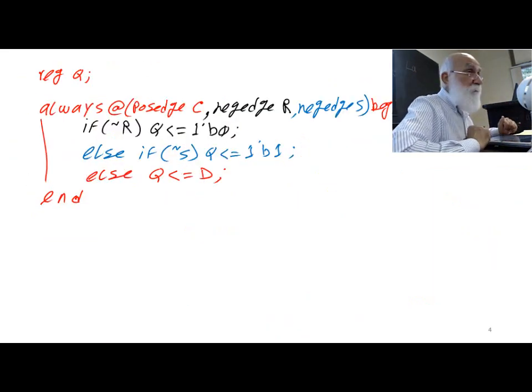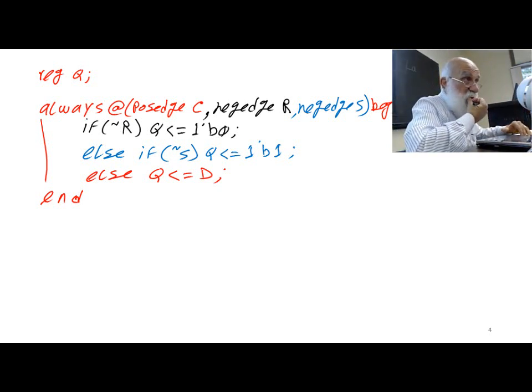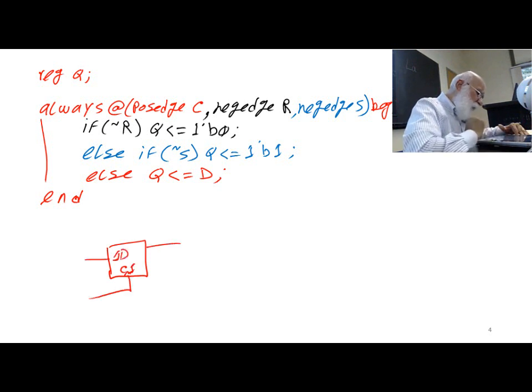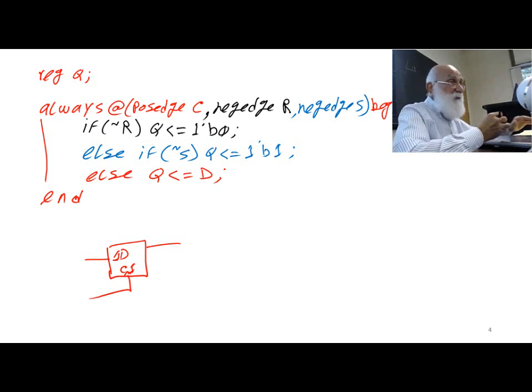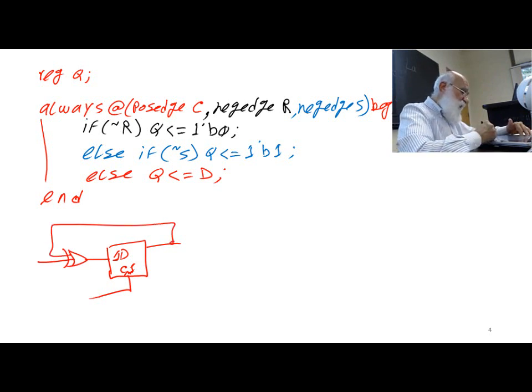All right, there isn't really much more to do with the flip-flops, except that I can always go from one flip-flop type to another. Okay, for example, a rising edge D flip-flop, now with or without reset or whatever. If I want to change it to a T flip-flop, this is how it works.